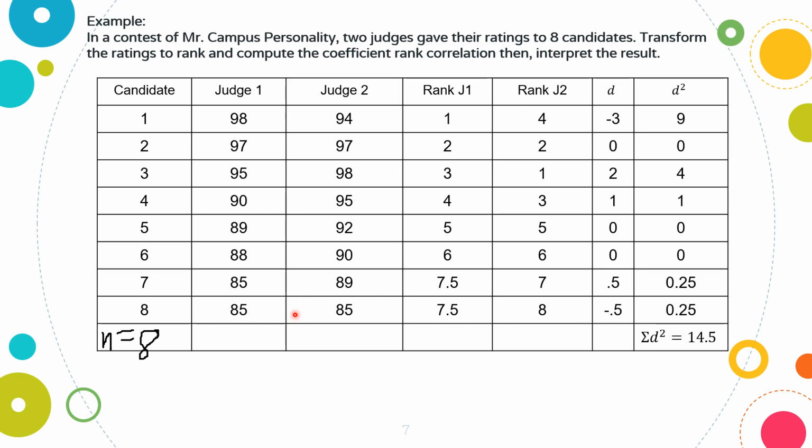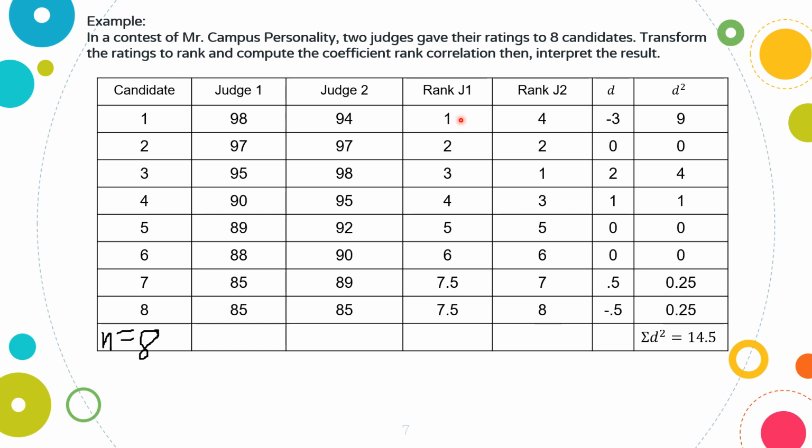Okay, so we have 8 candidates for Mr. Campus' personality. So, we rank now for the scores of Judge 1 to the 8 candidates, wherein you can see, class, yung ranking niya is from top, pinakamataas. Okay? Pinakamataas yung ranking niya, yung first niya.